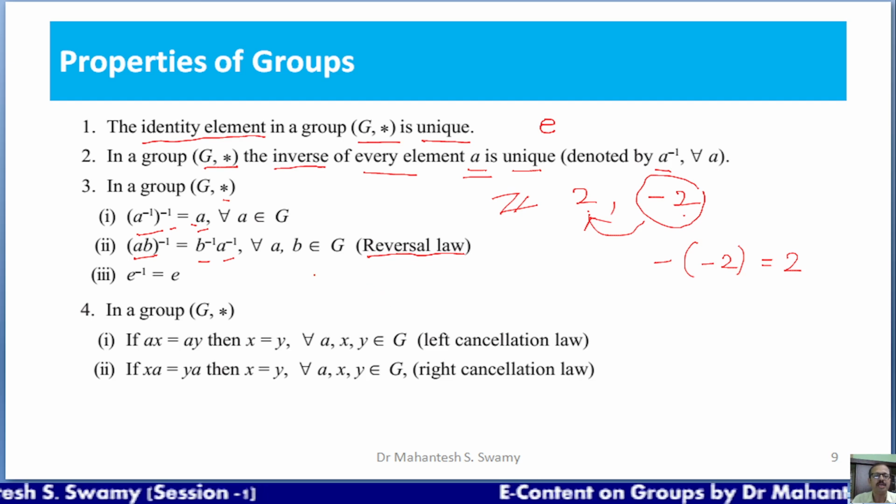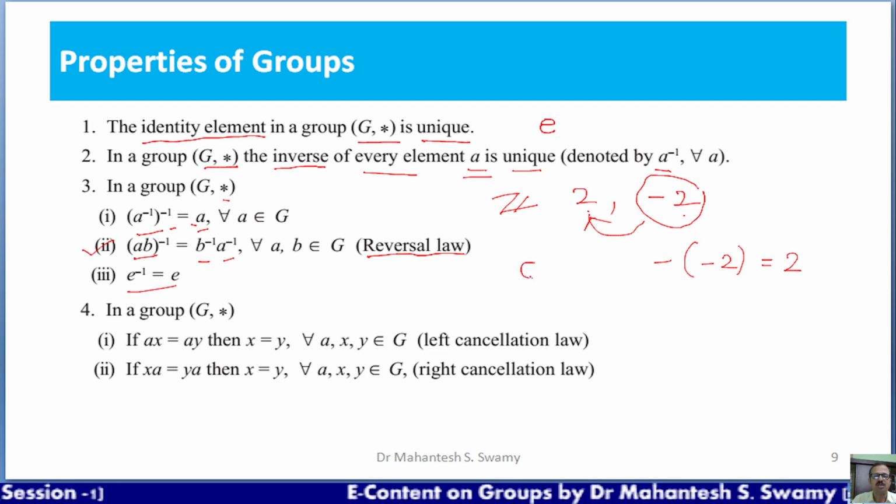Very, very important. You should always remember it. And this is one more very, very simple thing: the inverse of the identity element is the identity element itself. You consider 0, its inverse is 0 itself. There is no meaning to write -0 or +0.